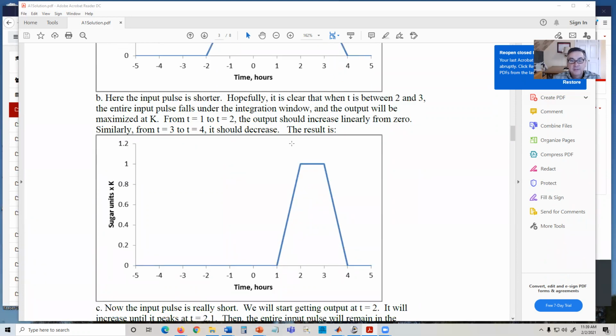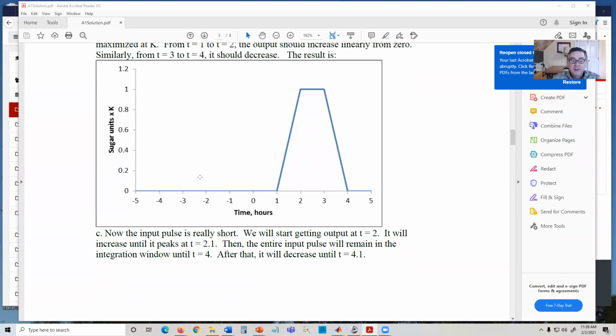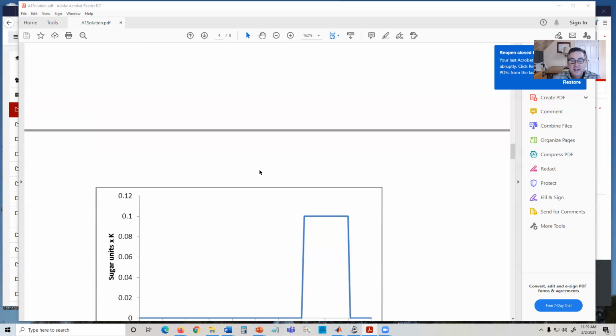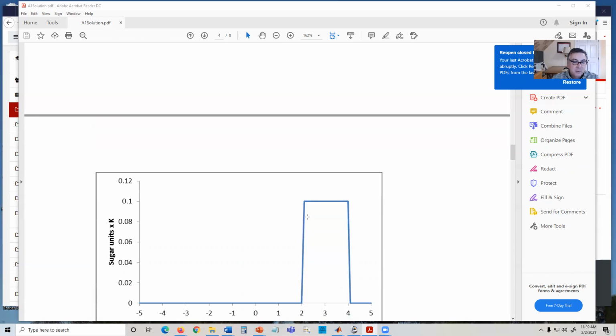But of course, that's a little bit different because of the shorter input. If we go to part C, we have a very short input pulse. And as that input pulse becomes shorter and shorter, it looks more like a delta function to the input. So this is actually an approximation of the impulse response, as we will see.